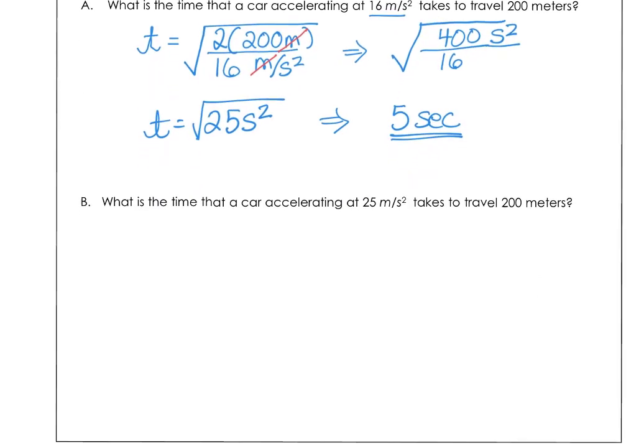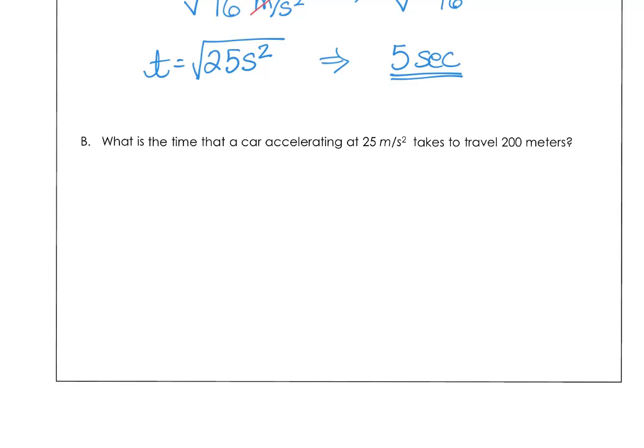So we have 5 seconds for a car to travel at that rate for 200 meters. And then for the last one, what's the time that a car accelerating at 25 meters per second squared takes to travel? It's our same formula. So it shows the time is the square root of 2 times s, and s is the distance.